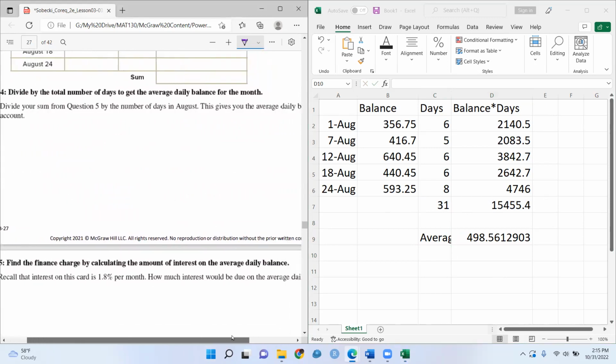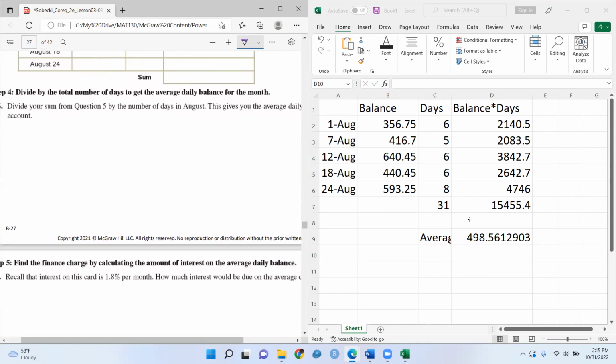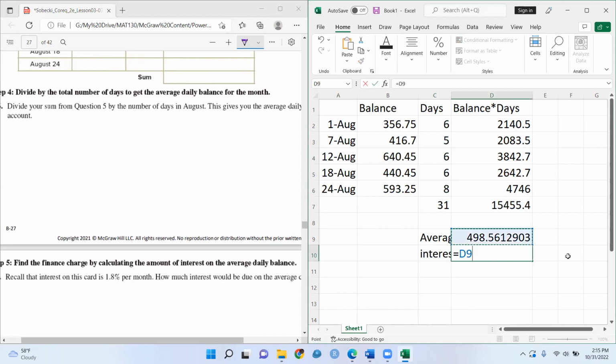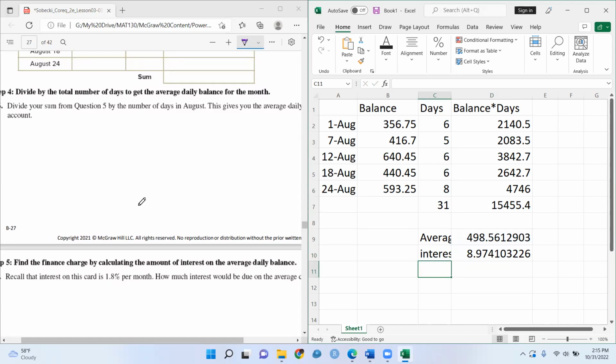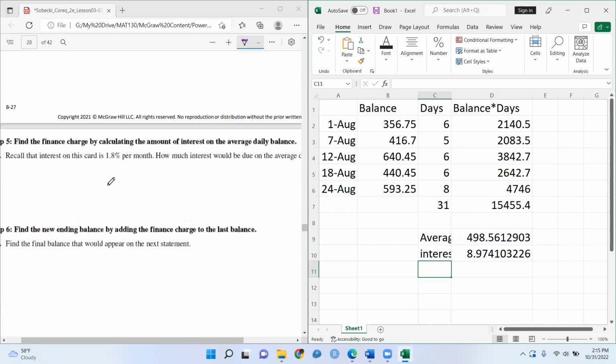So then we have to figure out what is going to be the interest charged off of this average daily balance. Well, that's equal to the average daily balance times the monthly interest rate. So we're going to be charged $8.97. How are we doing?